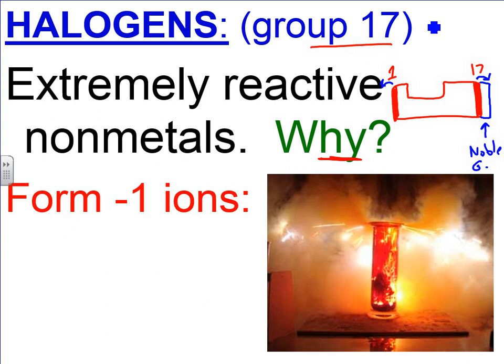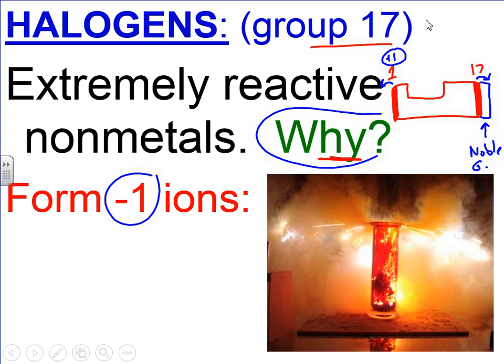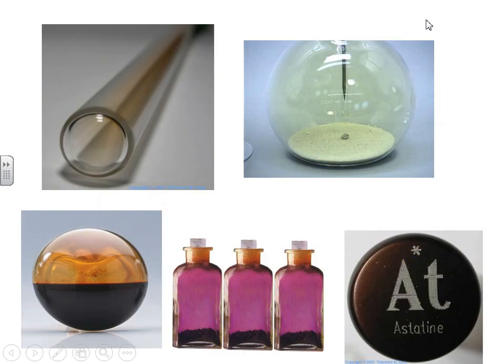Now group 1 actually forms positive 1 ions. Group 17, the halogens, will form negative 1 ions. Here you have an example of bromine reacting, a very reactive element in group 17. And here they are. Fluorine is kind of a dark, greenish gas, maybe more like brownish greenish.